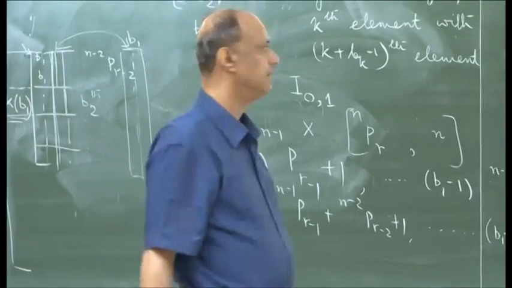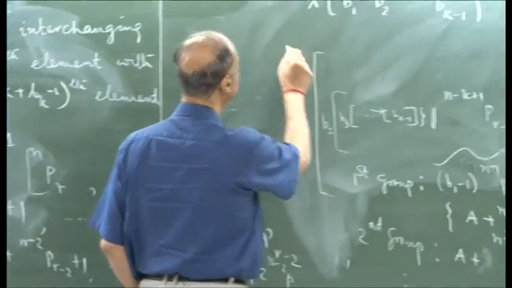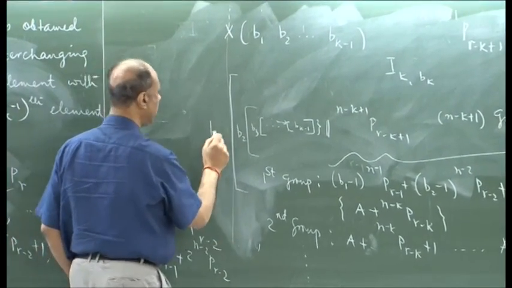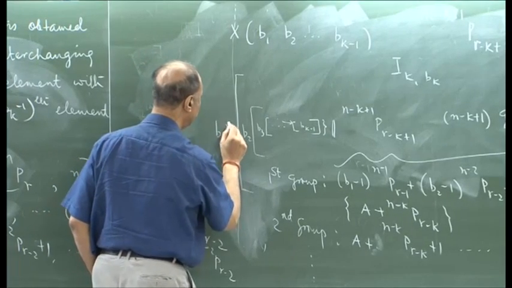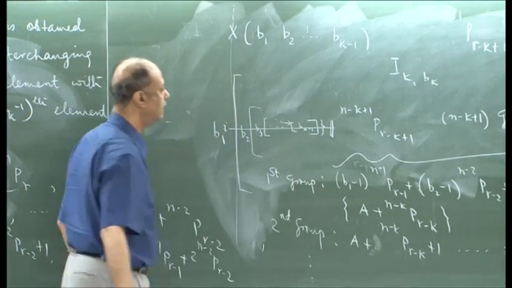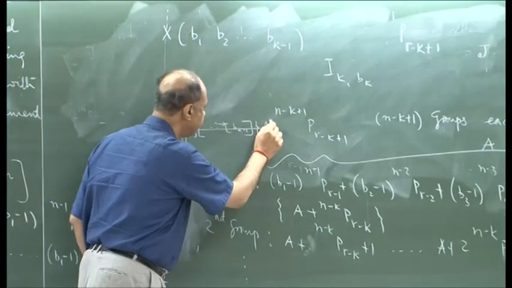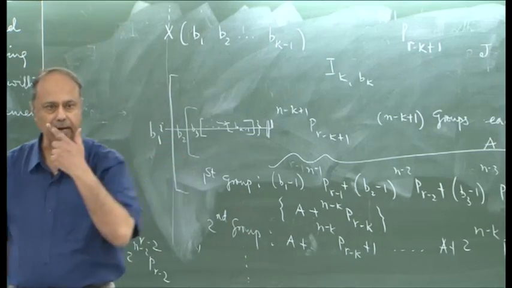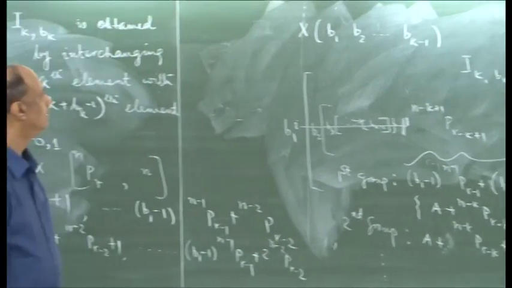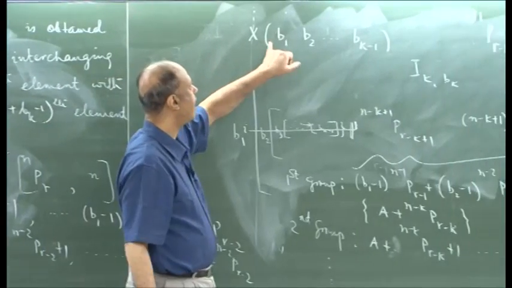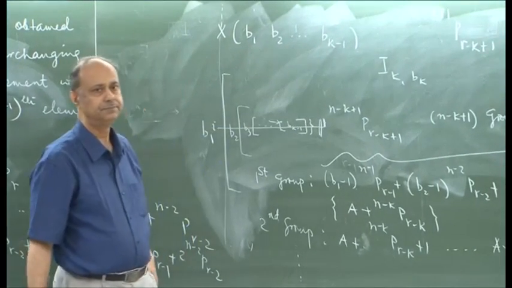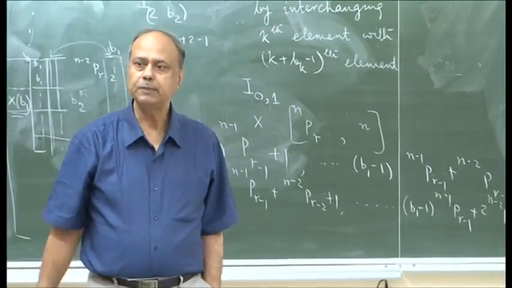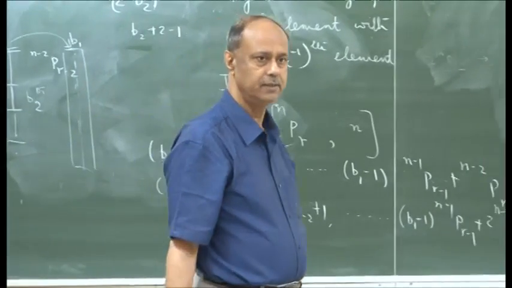Is it okay? You have that big array 1, 2, 3, this is the whole array. Now here you have the ith row. The ith row is this, so j is this index. j is the serial number of i within the groups b1, b2, up to bk minus 1. Right? Now you have to find out the group number of i.